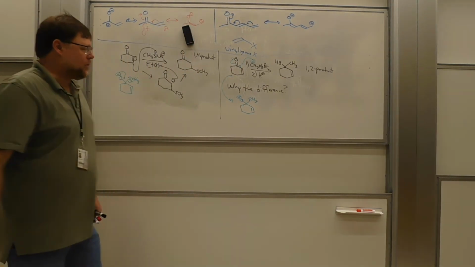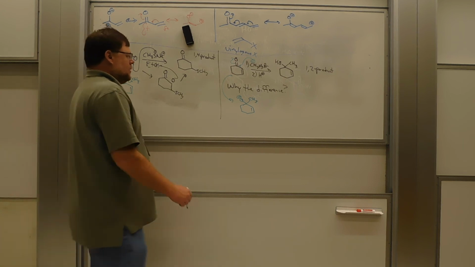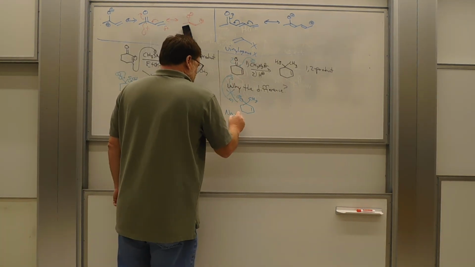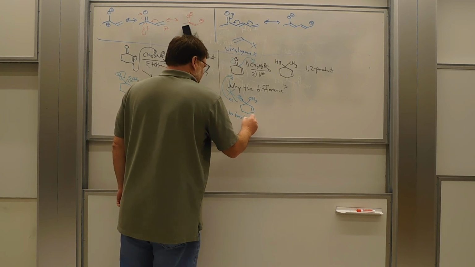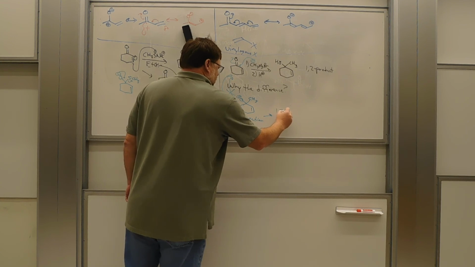Now, is that a reversible reaction? Would you expect that O minus to kick out methyl minus or any of the R minuses? And the answer is no. There's no back reaction here. That means you get the 1,2 product.